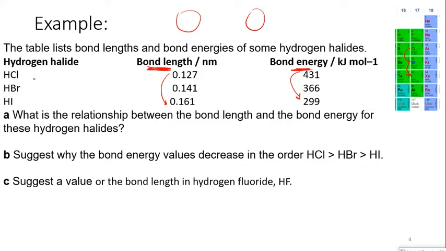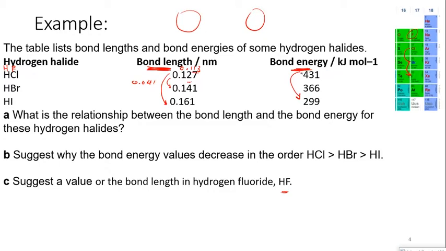If I try to suggest a value for hydrogen fluoride, this means hydrogen fluoride actually lies above the chlorine atom, so the hydrogen fluoride would be around here. And if I try to find the bond length, I could see that moving from this value to that value, I add around 0.041. So for that, my bond length in that case should be here, 0.113, which is less than this value by around 0.041.